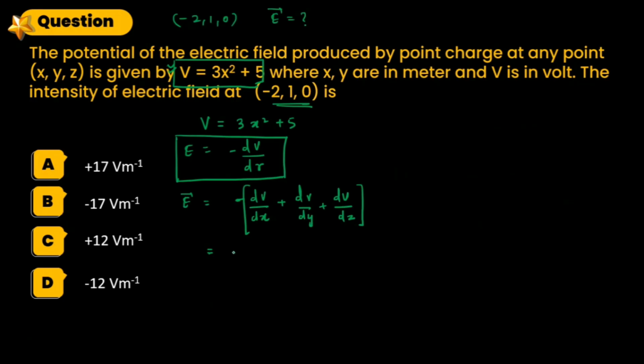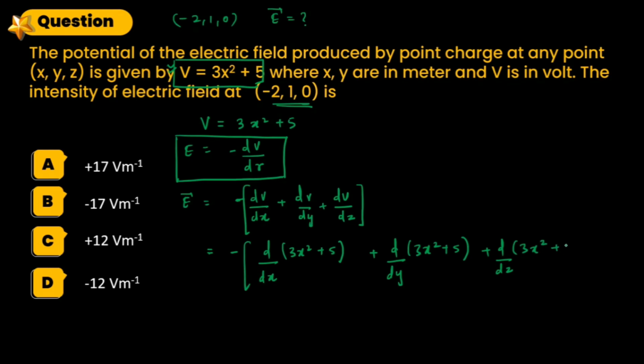So we substitute the value of potential. We're going to have d/dx of (3x squared + 5), plus, if we do the same with the y and z axes, we are going to get 0, because there is no variable in terms of y and z in the given relation.